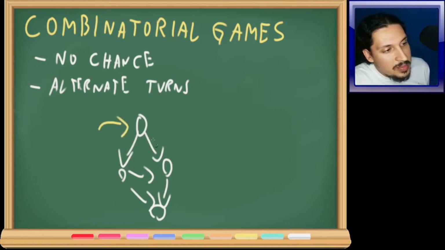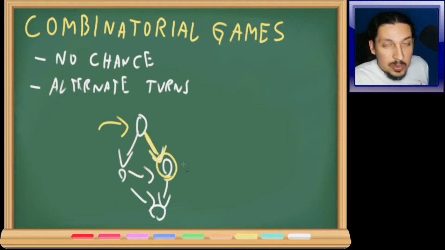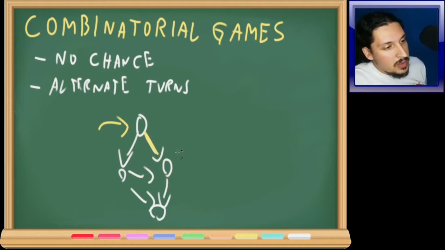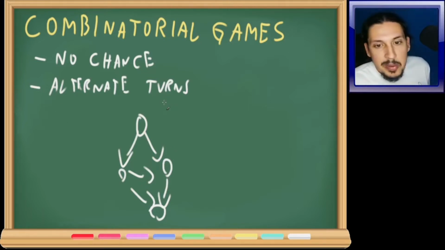If player 1 starts, then I don't know where the move will be, but if you move here, it means that now it's player 2's turn. And if you move here, now it's player 1's turn. And maybe if player 1 had played differently, we would get here, but with the other player to move. So the graph does not specify anymore whose turn it is, because there is the extra rule that players always alternate turns. Simpler. Okay, what else?